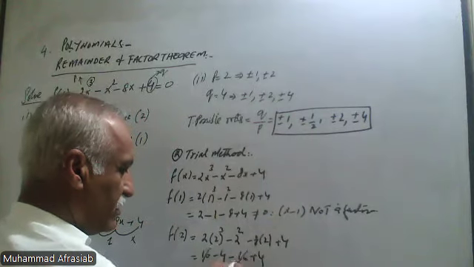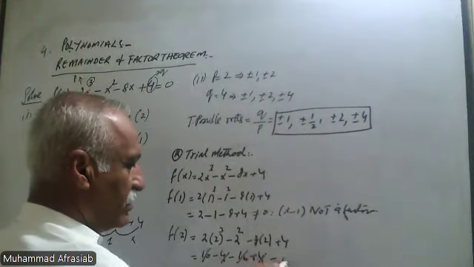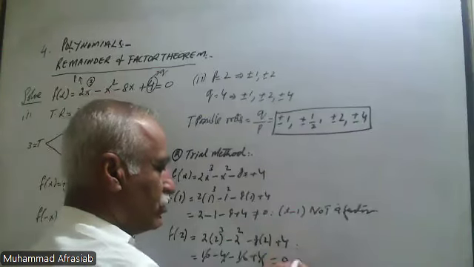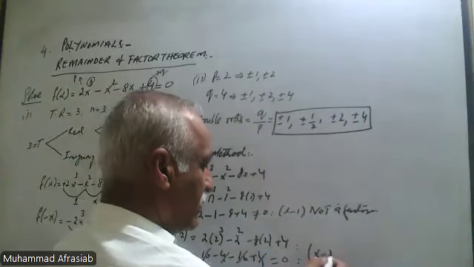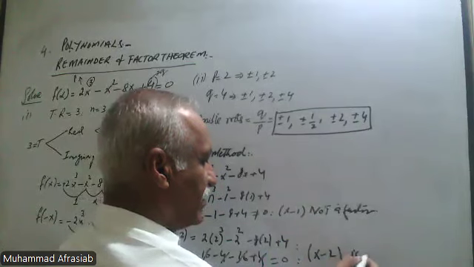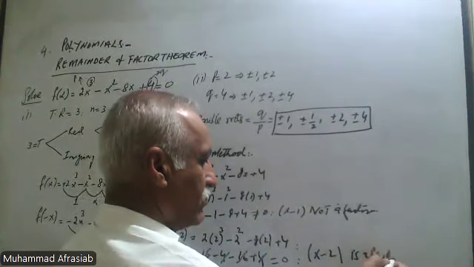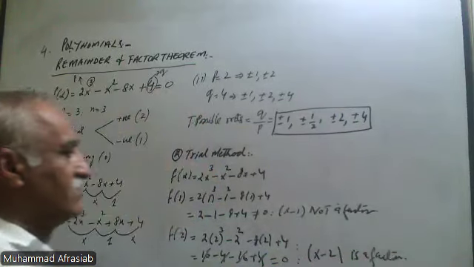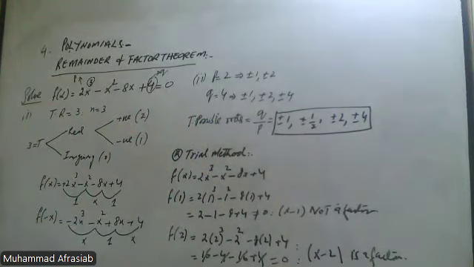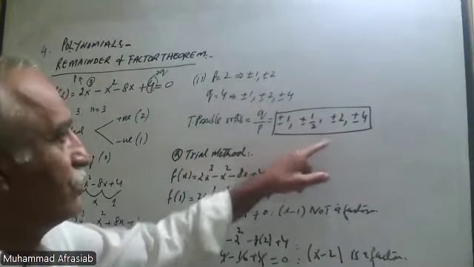So this and this cancel out. It is equal to 0. So x minus 2 is a factor. One positive factor we have calculated for this value. Then you use plus 4.